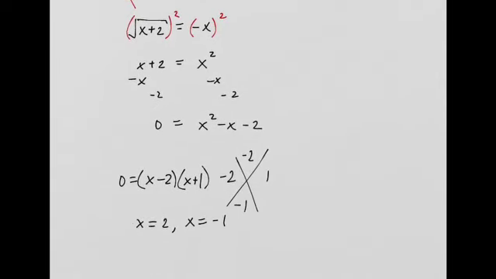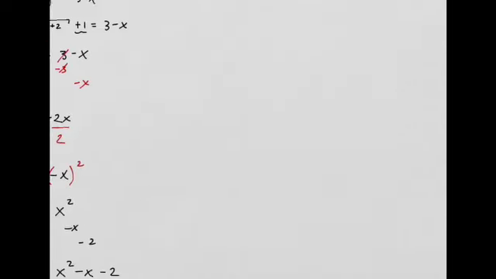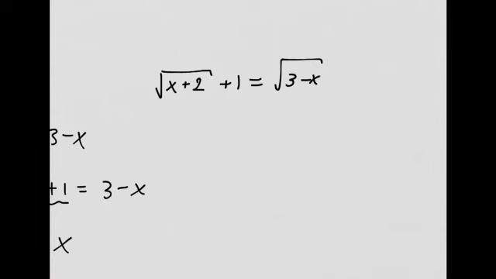And I'm going to plug in the 2 first. So let's see what happens. If I plug in the 2, I get 4 there. Square root of 4 is 2. 2 plus 1 is 3.